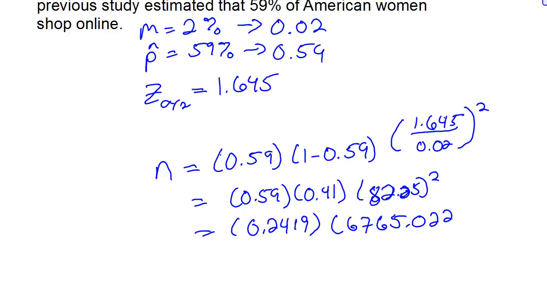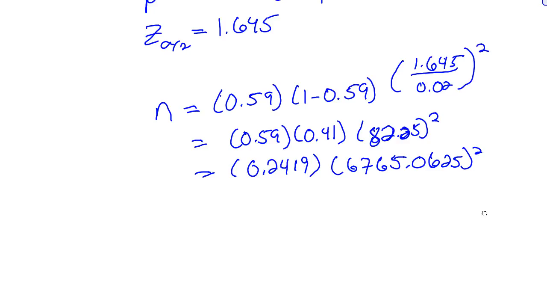6765.0625, I'm sorry. I need to square that value and multiply it by the 0.2419. So square this value first and then multiply it by the 0.2419.